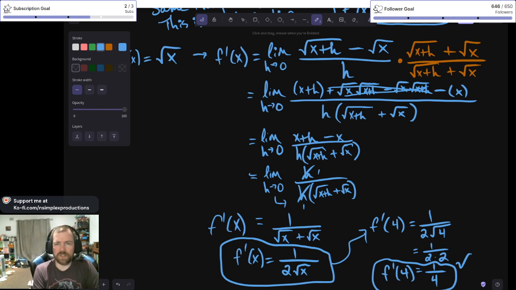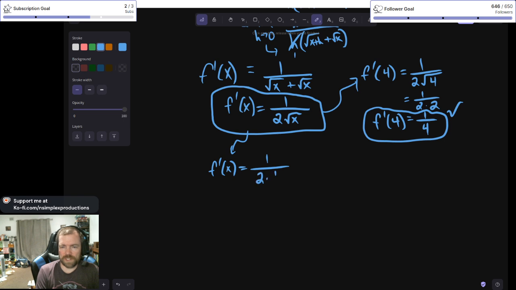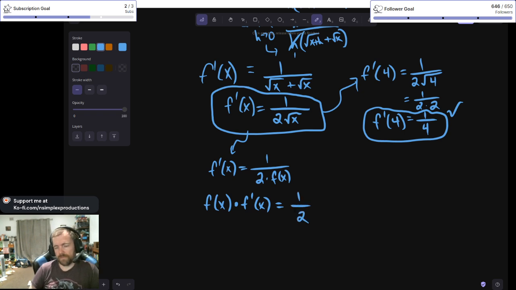Even if it doesn't necessarily do anything, f prime at x is equal to 1 over twice the original function value f at x. Or, interestingly, f at x times its slope is always going to be equal to 1/2. That one's kind of fun.